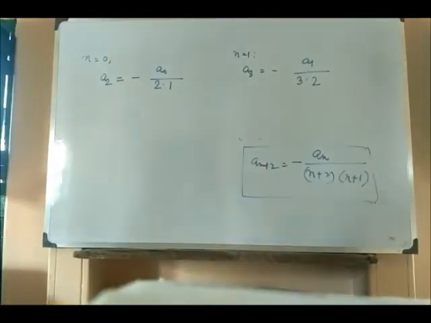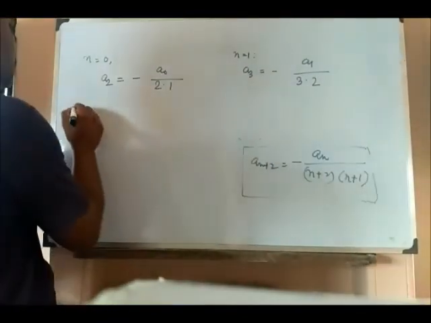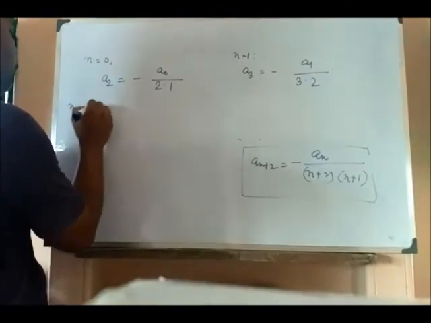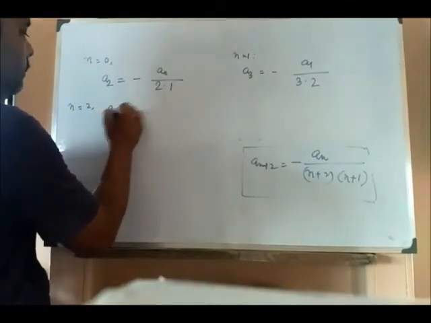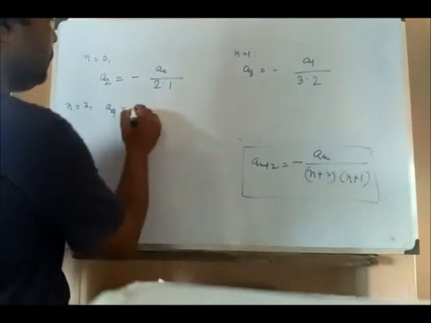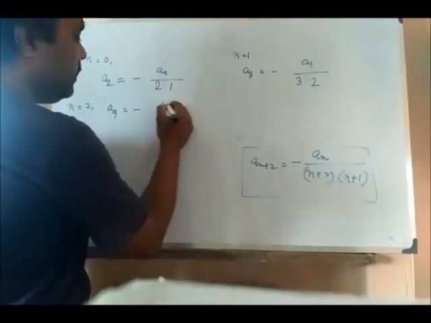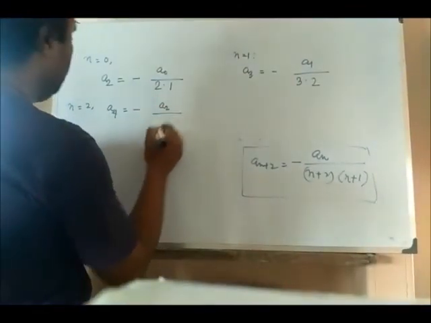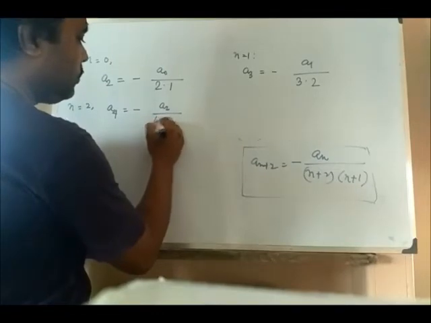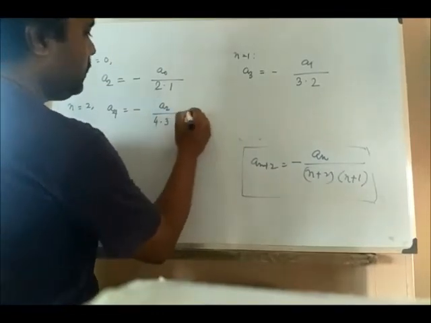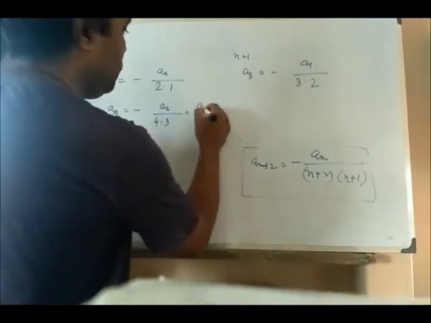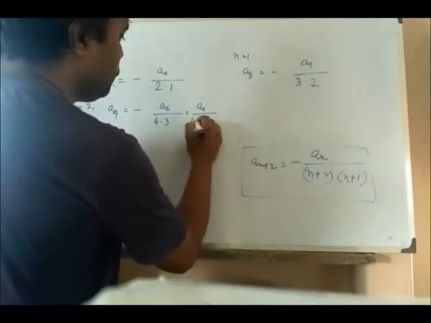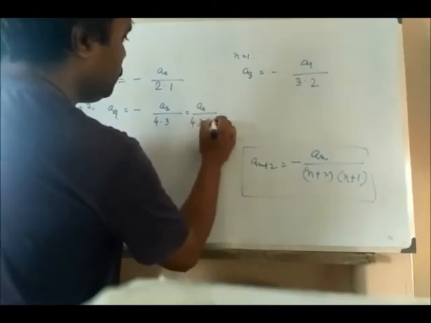Now, if you put n equal to 2 here, you will get a_4, which will be minus a_2 divided by 4 into 3. So this will be a_0 divided by 4, 3, 2, 1.